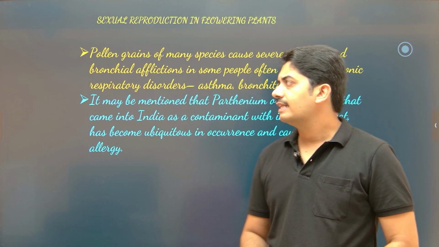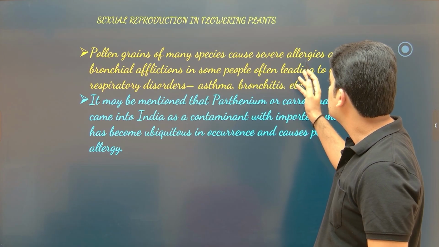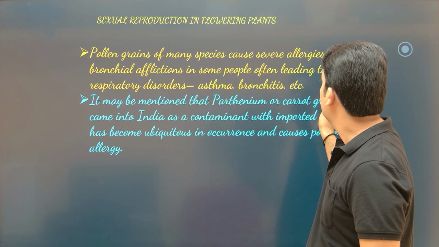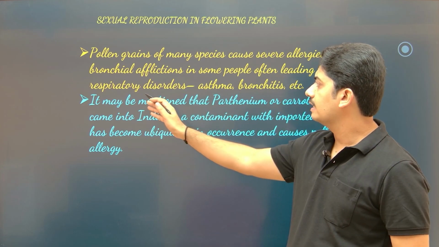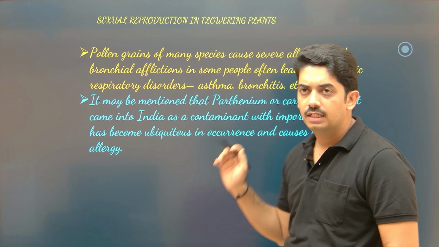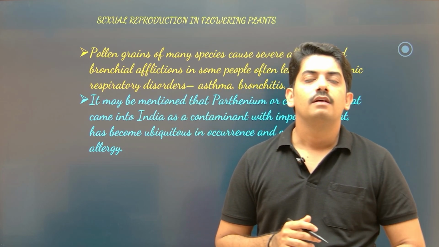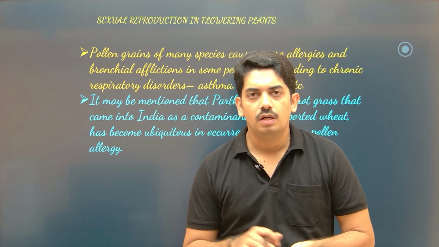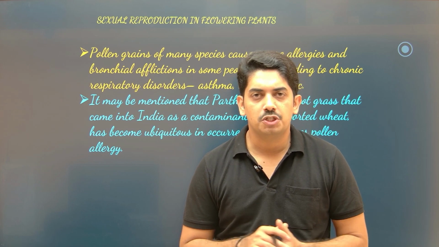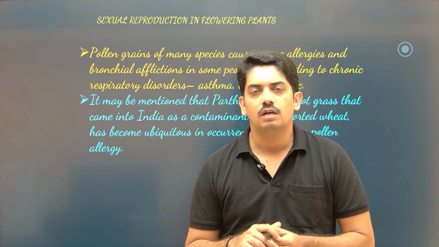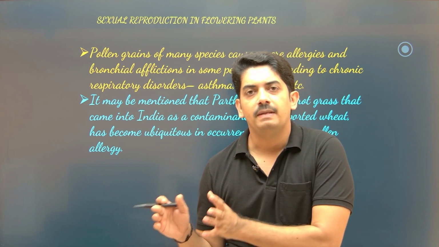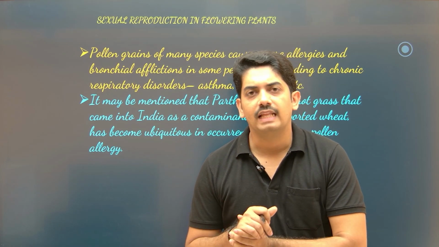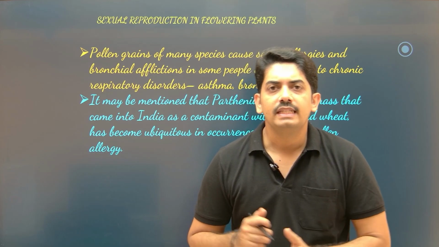Now, pollen grains of many species cause severe allergies and bronchial afflictions in some people, often leading to chronic respiratory disorders, asthma and bronchitis, etc. So where do we observe this? Sometimes, if your house is near plantations like acacia, or near a place where certain types of weeds are present, like Parthenium grass, they produce pollen grains.